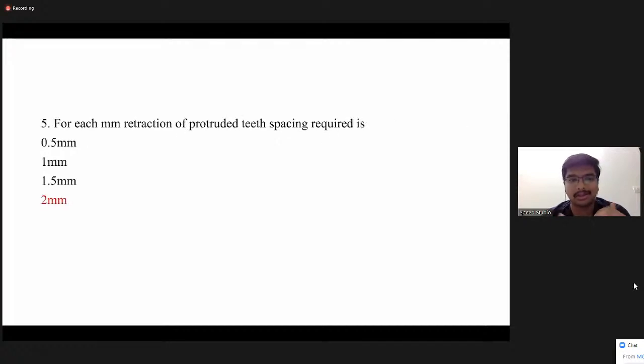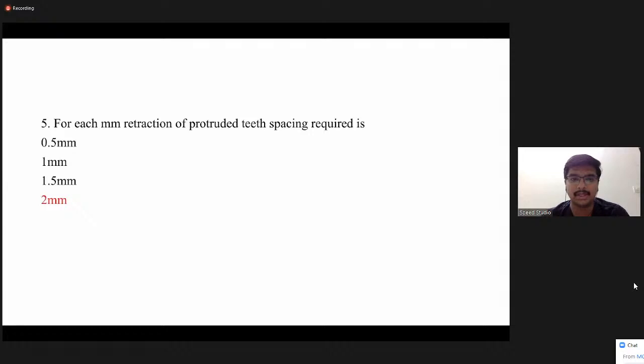What are the other types of questions that can be related to such numerical questions? For 1 degree of retraction, what is the equivalent linear measurement that is being produced? Understand, whenever an incisor is being retracted from a proclined position, it is to be assessed by 2 means. One is by angulation and the other is by linear measurement.